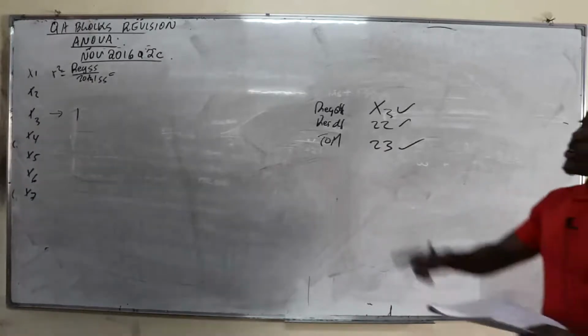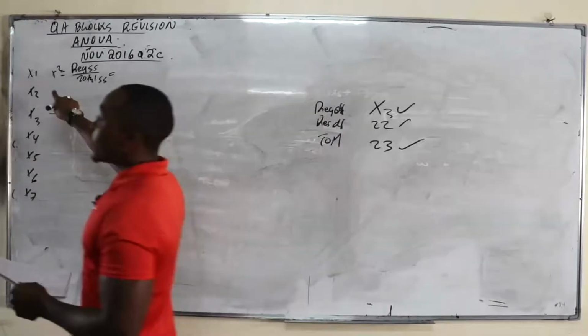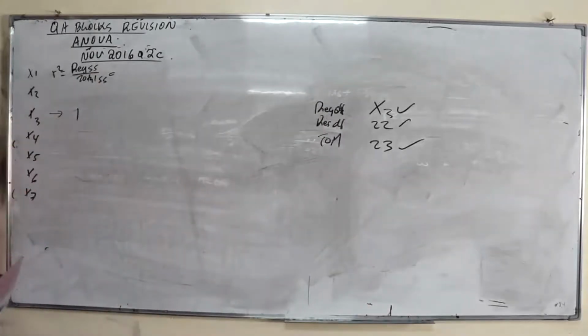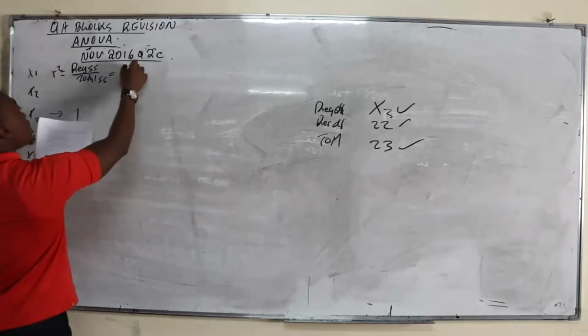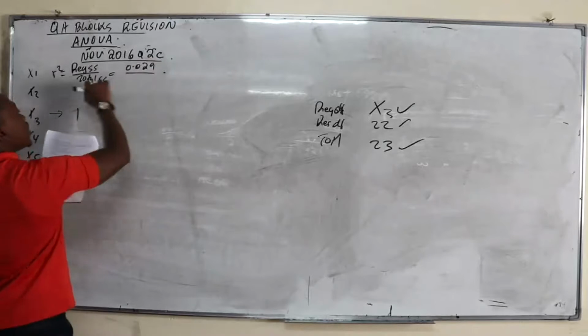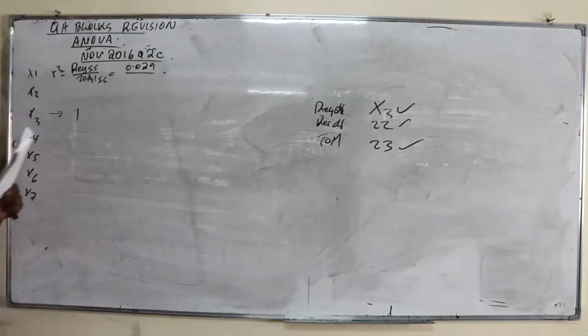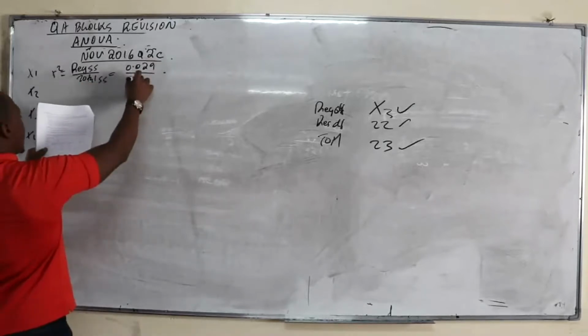Now we can go to R squared. We already have the regression sum of square, which is 0.029. You divide by the total sum of square, which is 0.04.